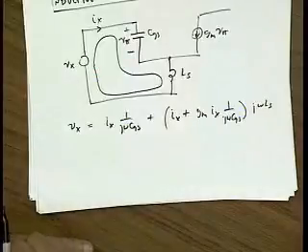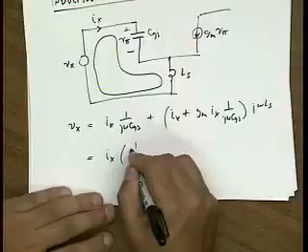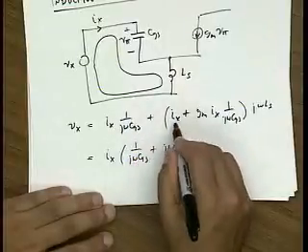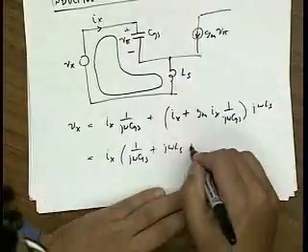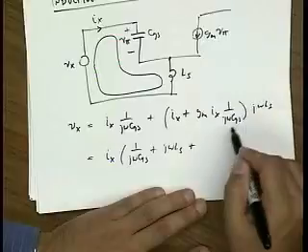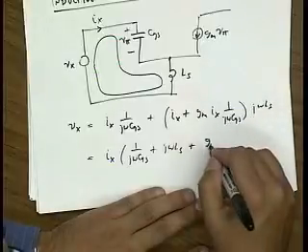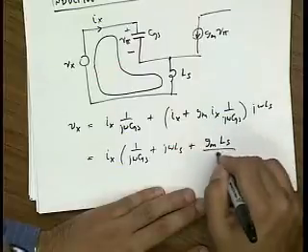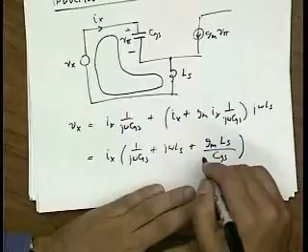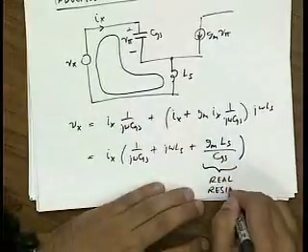Okay? And if I collect terms here, I have Ix times (1 over j omega CGS plus j omega Ls). That's the second term here. And then the third term, you'll notice that the imaginary parts cancel out. j omega on the numerator, j omega on the denominator, they cancel out, and I get gm Ls over CGS as a real impedance. So this is a real resistance.